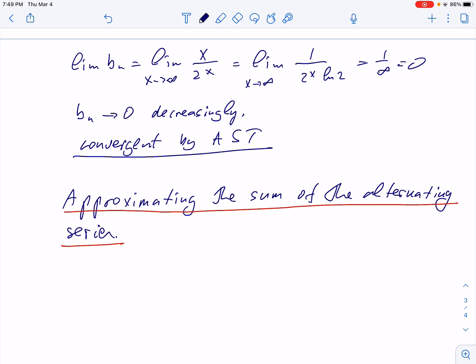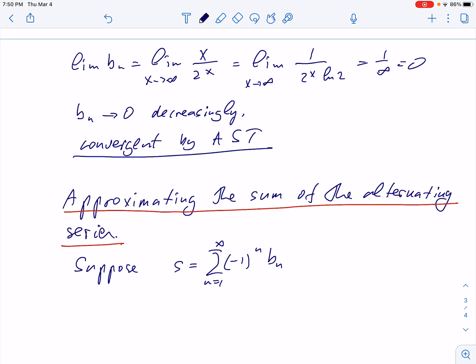So suppose we have a convergent alternating series. I shall call it S, the value of the series, negative 1 power n, b sub n, from 1 to infinity.